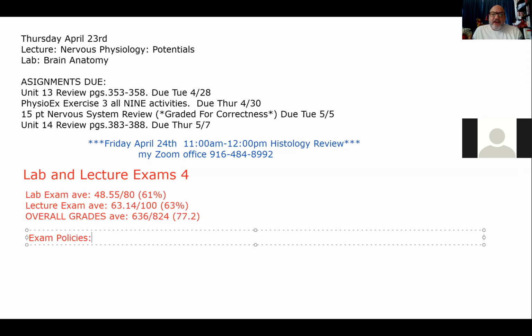And one of the things that repeatedly has been pointed out to me is that the histology feels a little bit lacking. We haven't had as much time for it. And so what I am going to do, especially because there's a fair amount of histology on this one, and it could be a good component, like I said, maybe 20% of our lab exam. We're not really having the time to go over it in class, so I want to have an opportunity to be able to go over it together because I think that is some of the more challenging stuff.